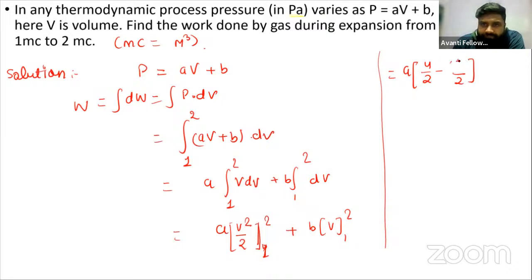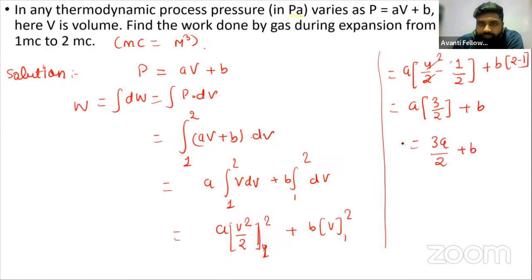So plus B into 2 minus 1 by 2. Now this will become A into 2 minus half, which is 3 by 2, plus B. This will become 3A by 2 plus B.